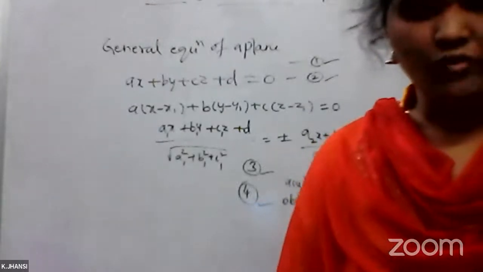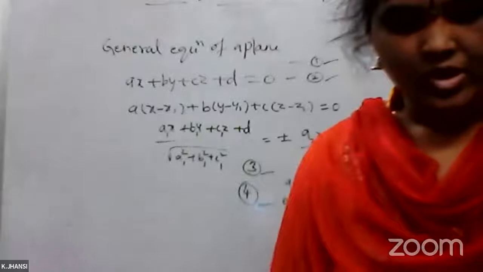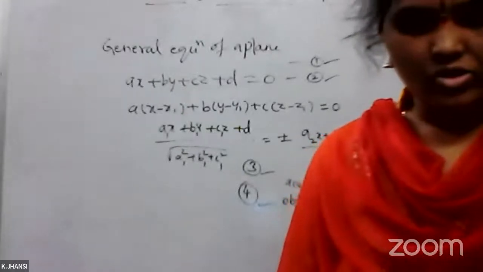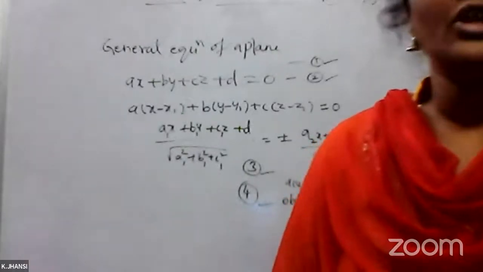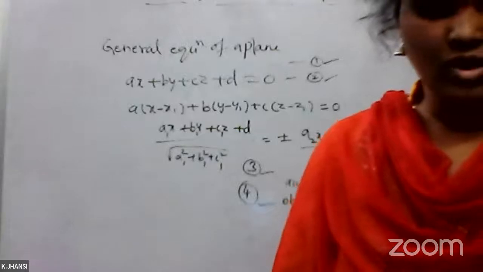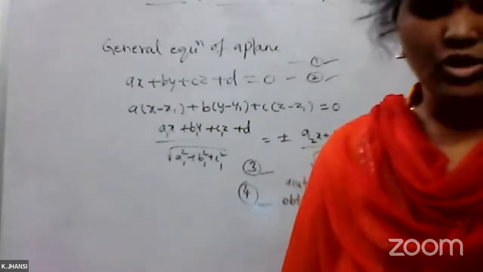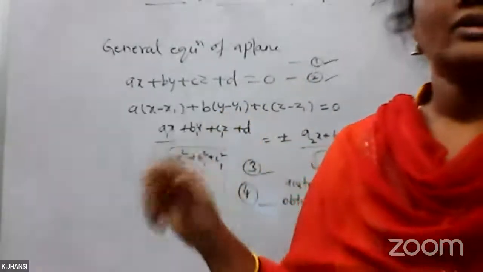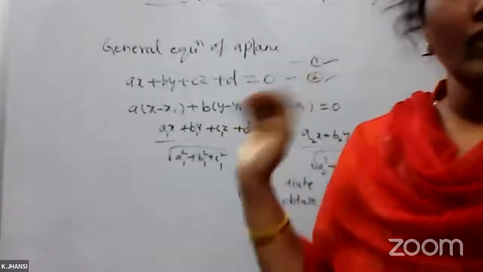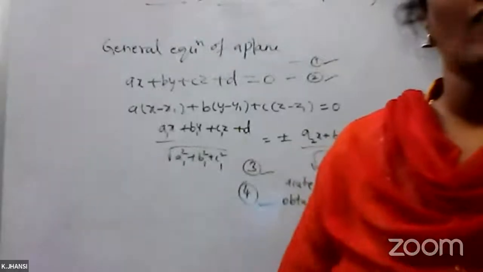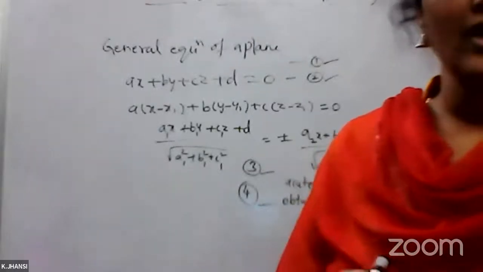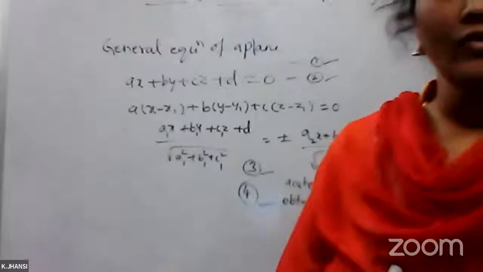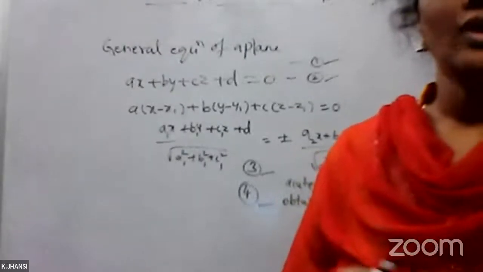Next we have the volume of the tetrahedron. With the tetrahedron and the triangle, any two you will get for 5 marks questions, but that will be the compulsory question. For 10 marks, you will get only one bisector problem. And for the 5 marks questions, there is finding the area of the triangle, the volume of the tetrahedron, or the pair of planes.